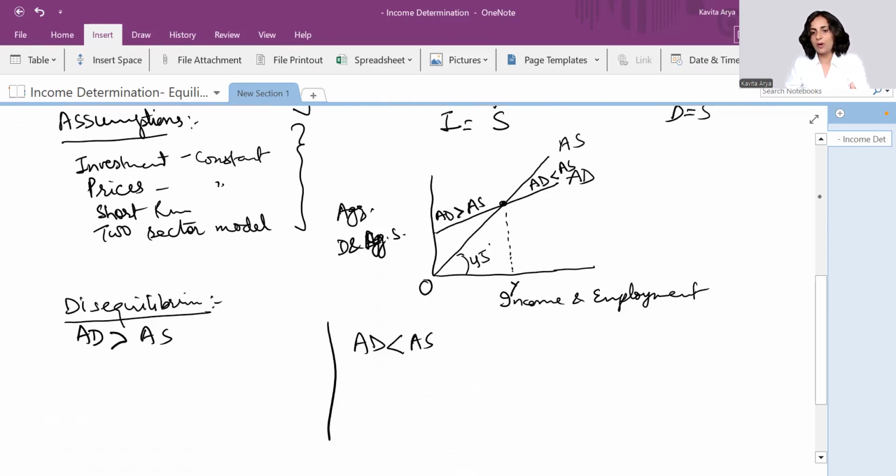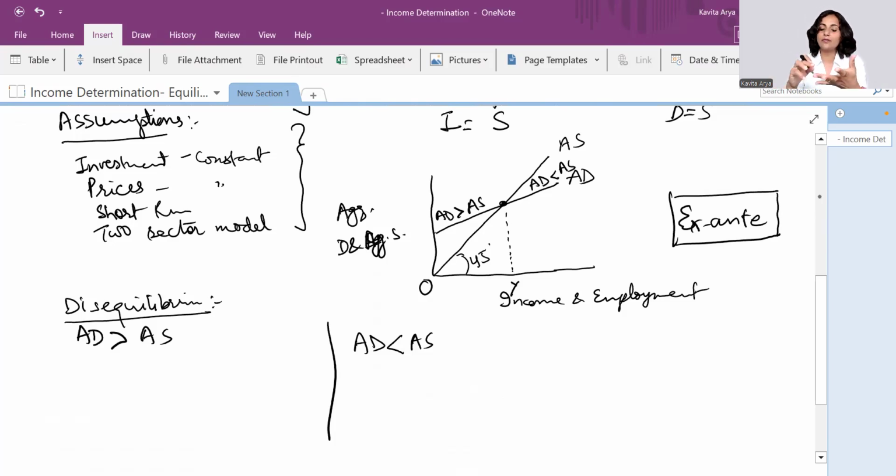Ex ante means it is assumed, it is not the real thing, it is just the planning. This is going to be the planned level of consumption, investment and savings in the economy. So here the economists are planning that equilibrium would be stuck at this very point.